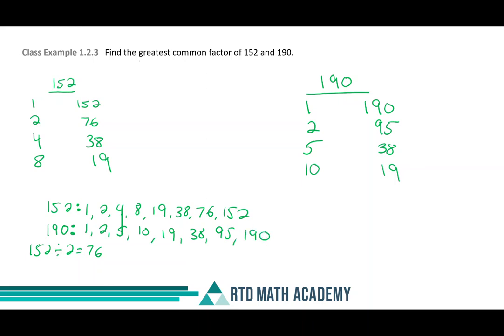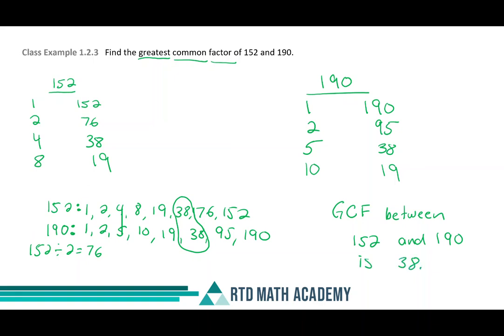Our question asks for the greatest common factor, so I'm going to look for the largest number that exists in both lists. So our greatest common factor, or we call it a GCF, between 152 and 190 is 38.